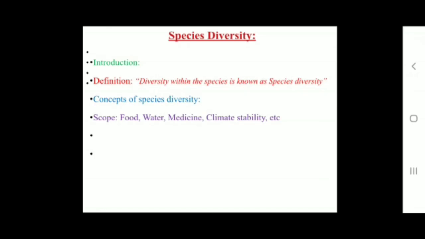Then the second type, that is beta diversity. Beta diversity refers to the differences in the species composition among two or more sites or habitats. It refers to the ratio between local or alpha diversity and regional diversity. It is the variation of species composition between two habitats or regions.